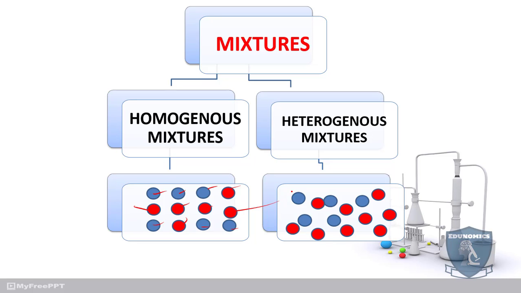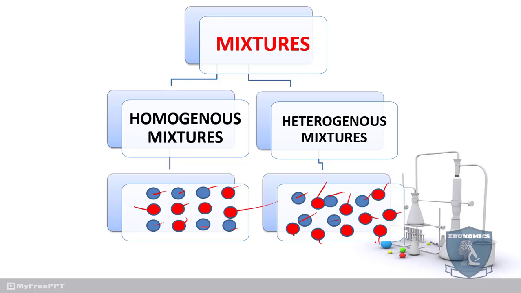In comparison, the heterogeneous mixture has 5 blue and 9 red. So you notice they aren't uniform. There isn't a balance in terms of the amount of them there. And also they are not combined. They're not together, and so you can actually look and tell them apart.